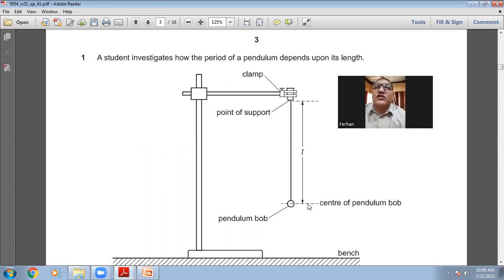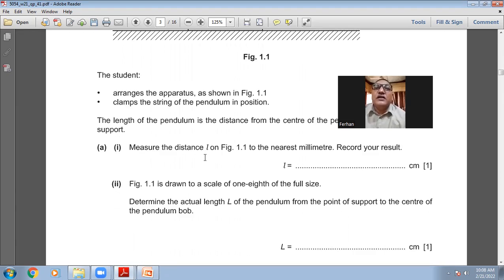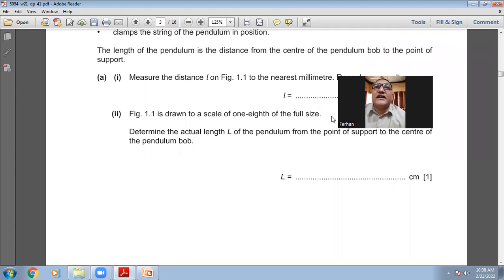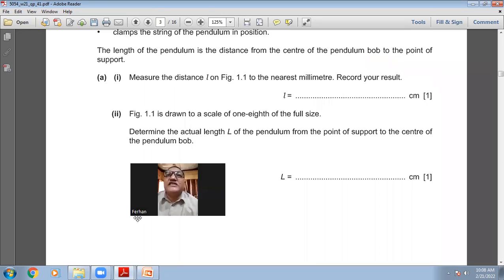So from the center of the bob, this dotted line you can see, to the point of the support, that's the length of the pendulum. And he says, measure the distance L on figure 1.1 to the nearest millimeter. Record your results. The important word is measure. Measure means use your scale, a rule, and measure it.